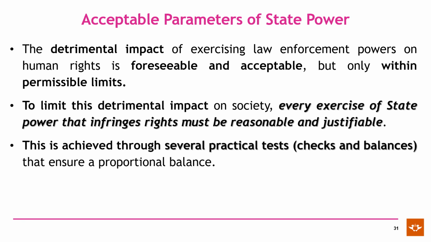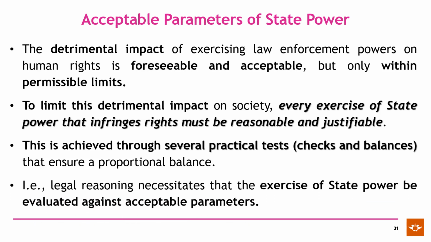How is this achieved? Well, this idea of exercising power within certain limits, certain acceptable parameters, is achieved through a number of practical tests, so to speak, checks and balances that we find in the Constitution, in common law, and in legislation. These practical tests, these checks and balances, ensure a proper, proportional, reasonable and justifiable exercise of power.